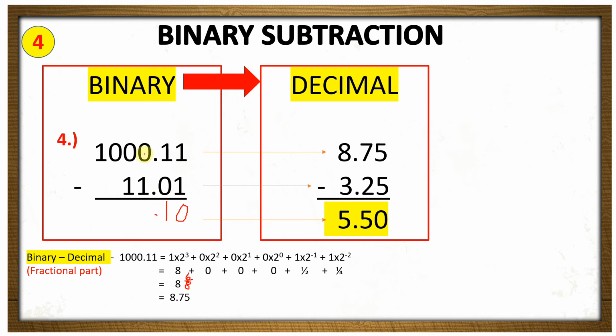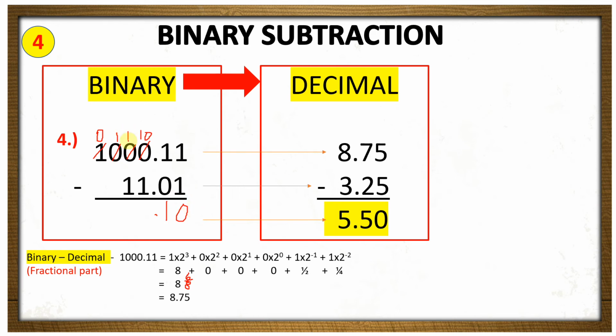Next, 0 minus 1. So, cannot be. You borrow 1 from the next digit to the left. There is no 1. This is 0. This is 0. So, you cannot borrow here. You borrow this one. This will become 0. And since this borrowed the 1, this will become 0 1. All the zeros that are bypassed by the borrow become 1.